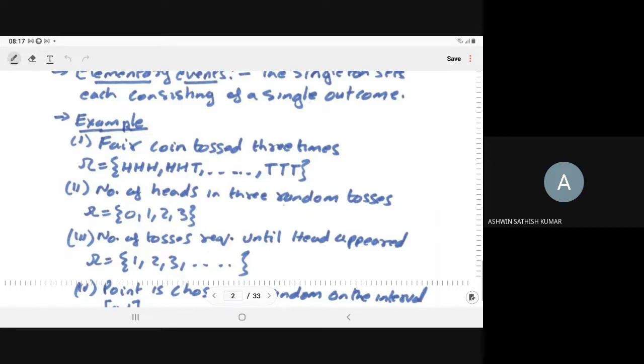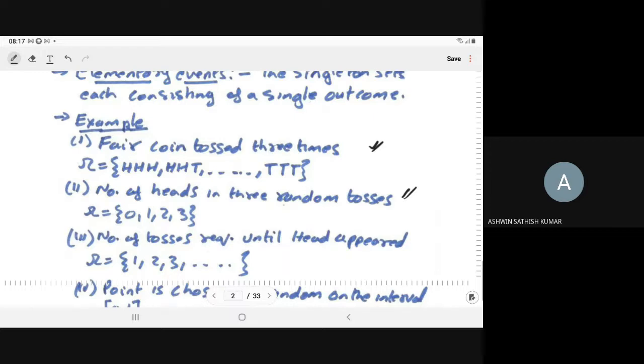You can observe that here also we are tossing three coins, but depending on the outcomes of interest, we have different sample spaces. In the first, we want the face values. In the second, we just want to count the number of heads.